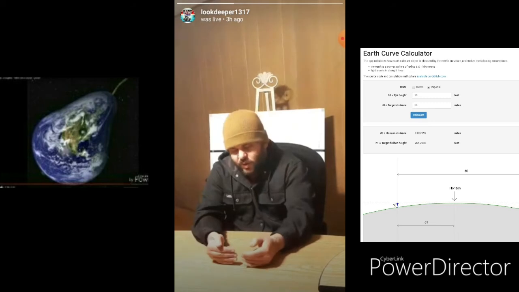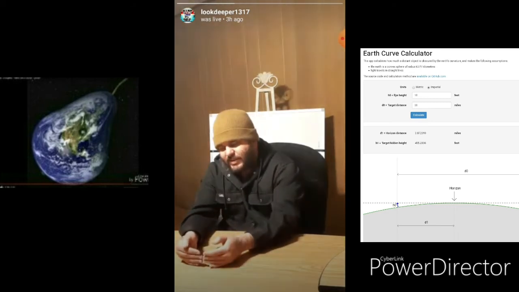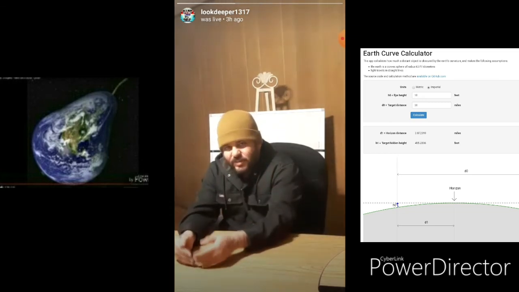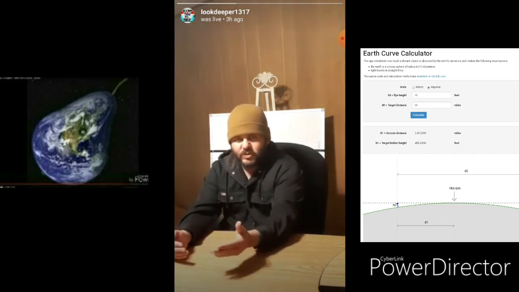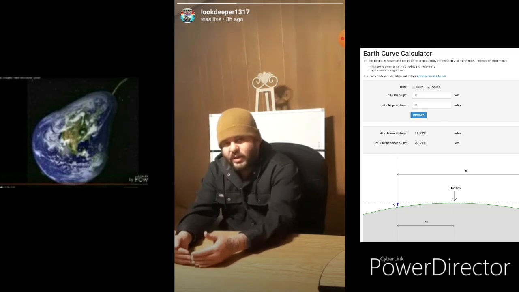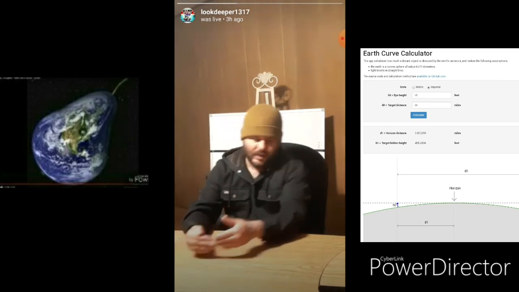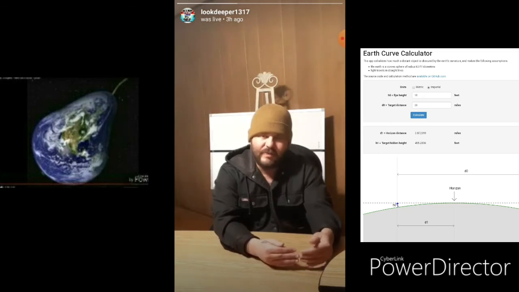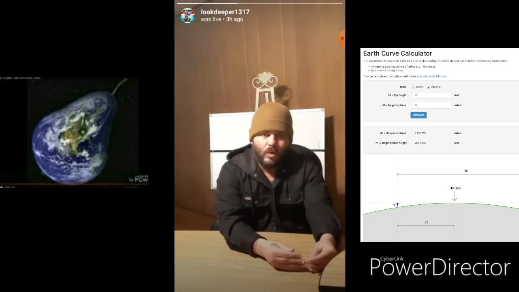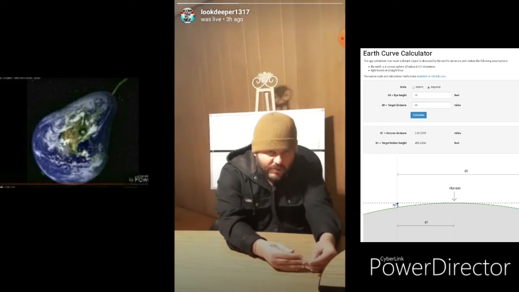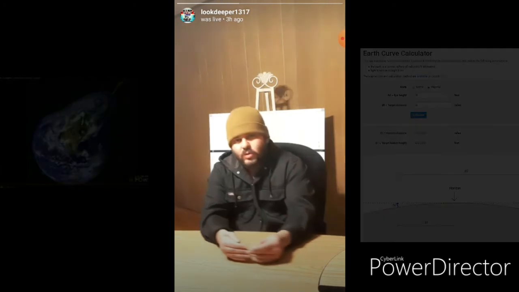Then ask yourself the question: if Neil deGrasse Tyson and the consensus in science are telling me that Earth is not a perfect ball anymore, like in the pictures we've all seen, and now they're telling us it's an oblate spheroid, yet the Earth Curvature Calculator is giving the exact same measurements from all around the world, with the exact same amount of curvature, how does that work? You can't have both, you see.